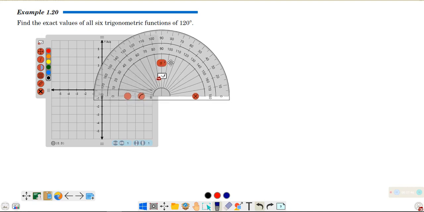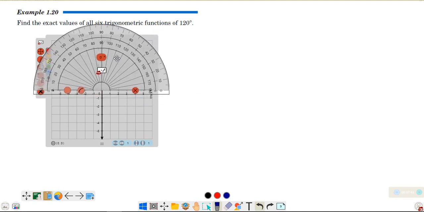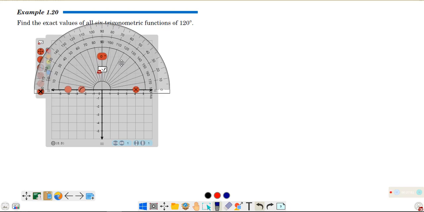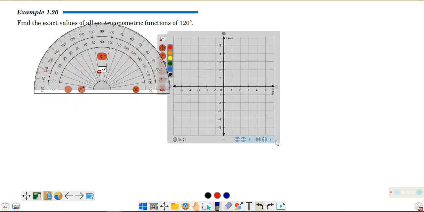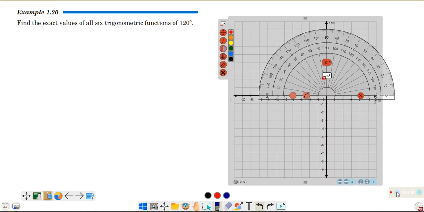So, ito ay i-plot lang natin dito. Tapos, i-drawing natin kung nasaan si 120. Parang kailangan ko siyang palakihin. Lalakihin ko muna siya. Ayan.